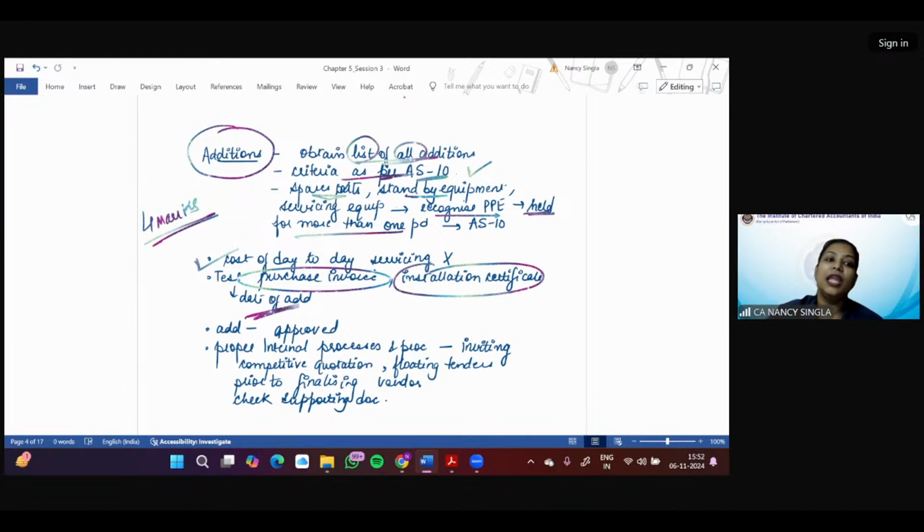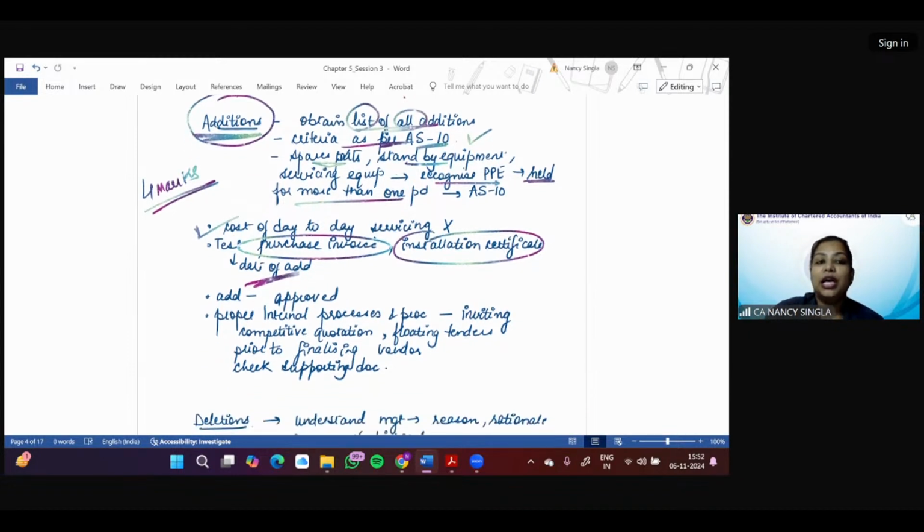Simple. And will it be possible for any personnel to just go and purchase a crane, let's say, for the company? No. It should be what? Again, it should be approved. And students, when any company purchases fixed assets like plant and machinery or computers, there should be a proper internal process or procedure for inviting quotations or floating tenders.